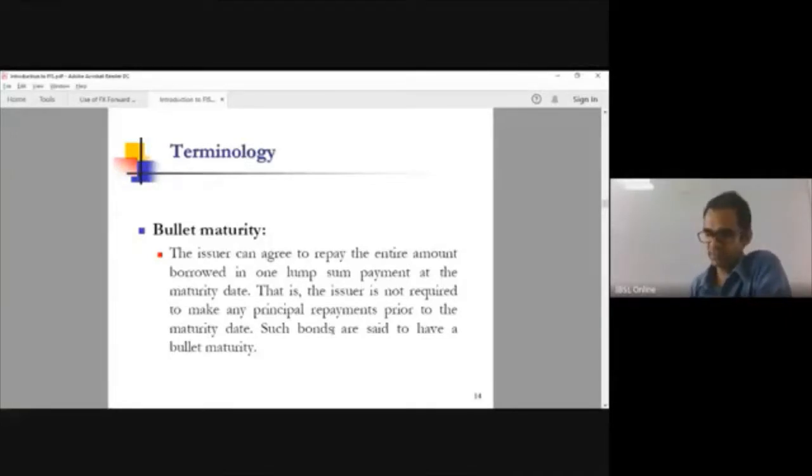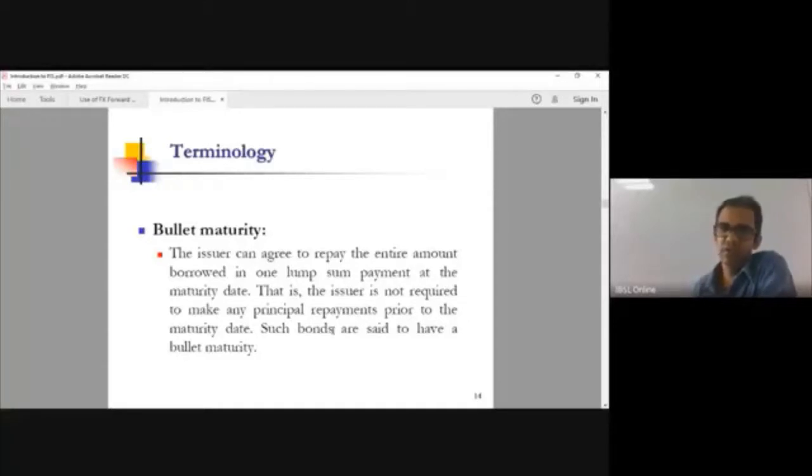If there's any cash flow prior to that, it's only the coupon payment, that is only the interest payments, and the face value or the par value will be paid only on the maturity date.